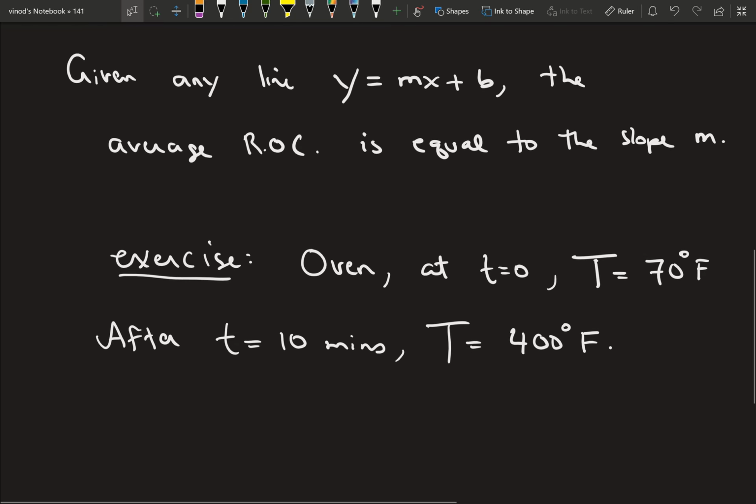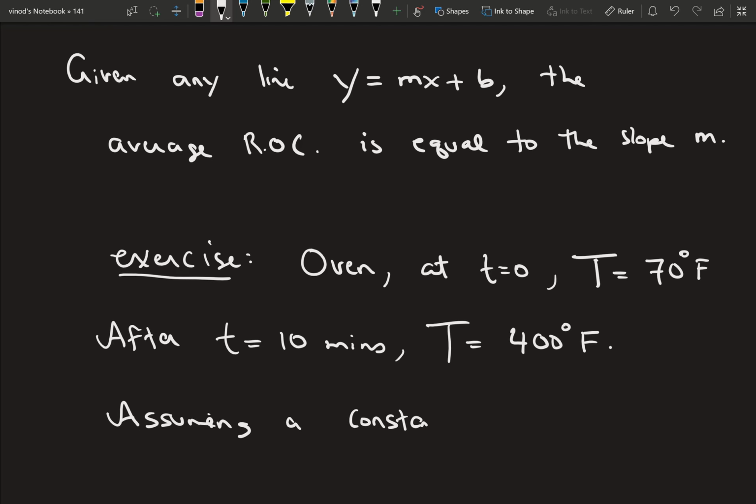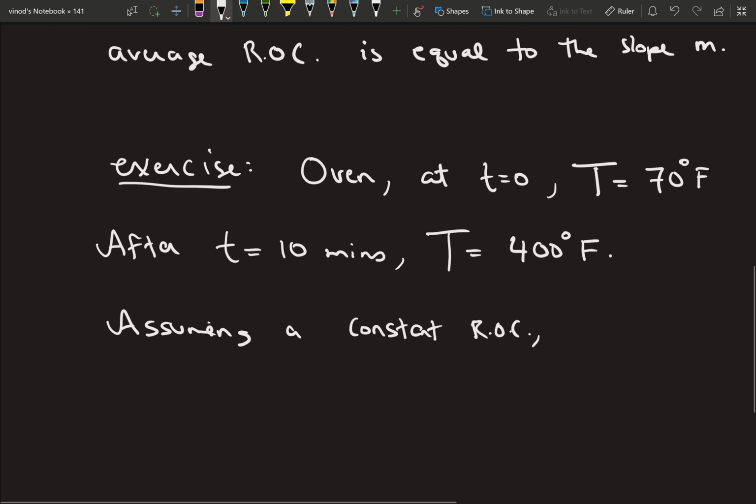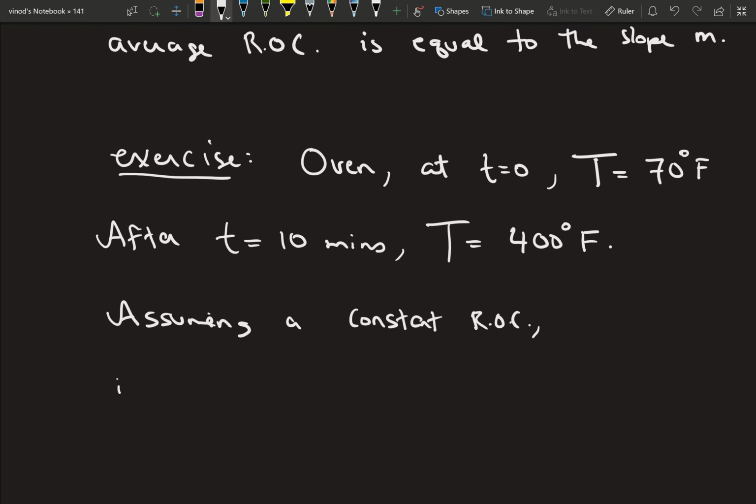Now, we're going to assume that we have a constant rate of change. What we want to do is find the rate of change.